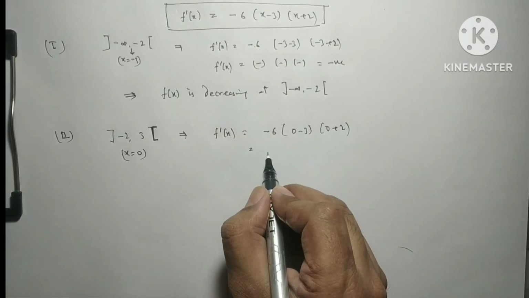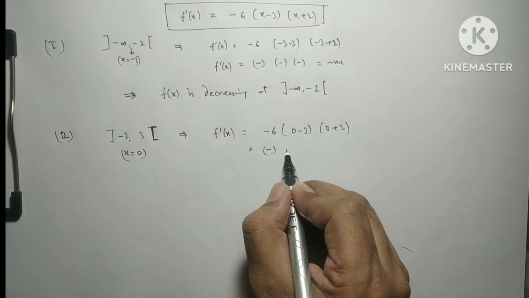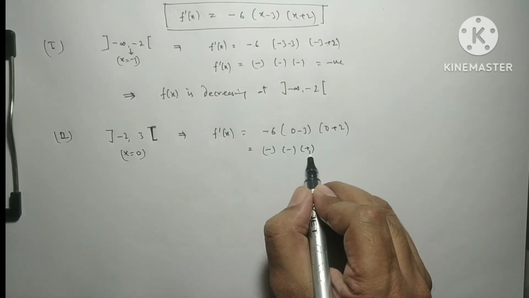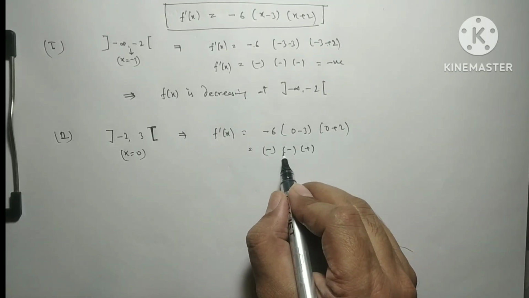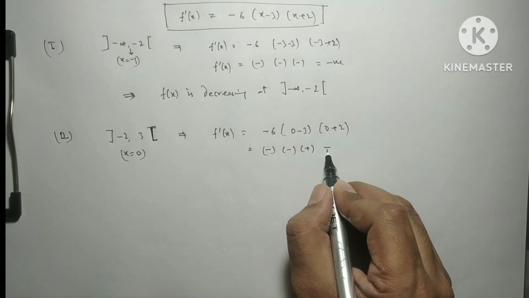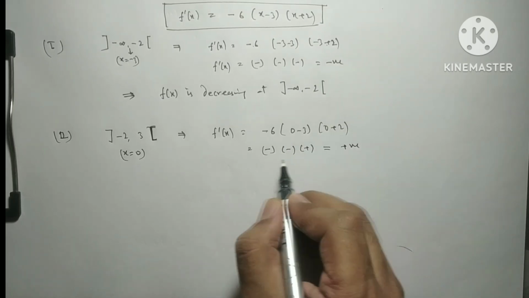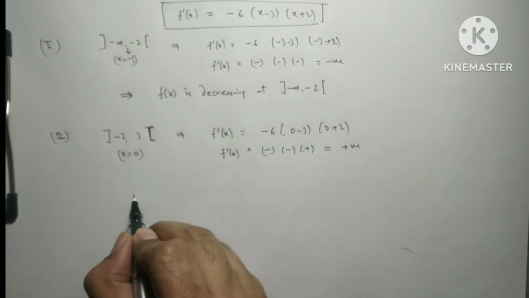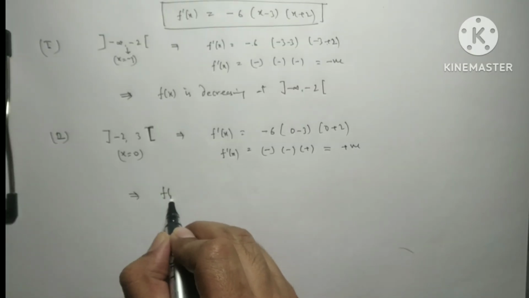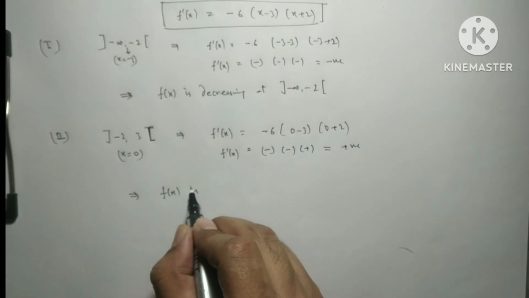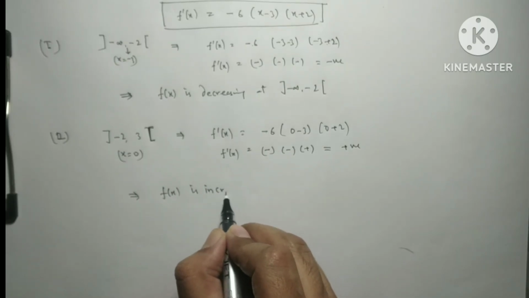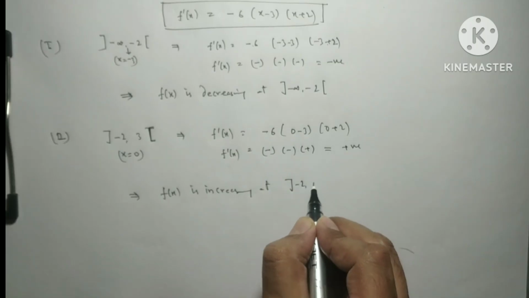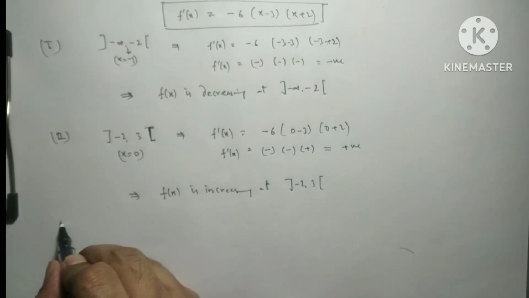So the first factor is negative, the second is negative, and the third is positive. So in the product of these three factors, minus minus is positive and positive with positive is again positive. So f dash x is positive. It means the given function f x is increasing at minus 2 to 3.